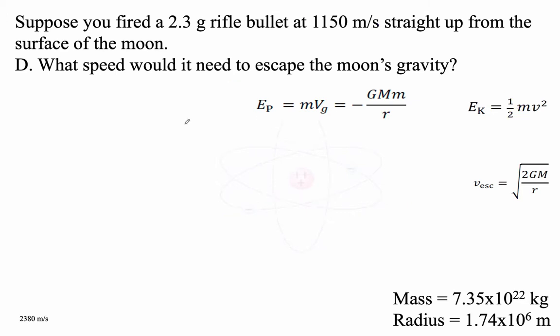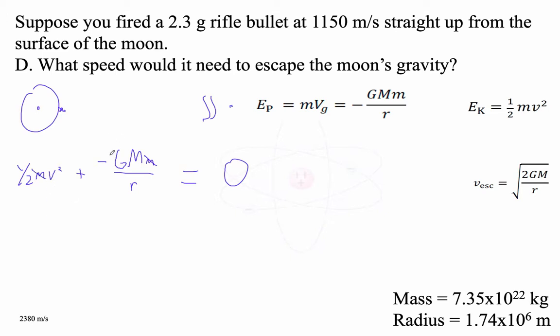All right, so let's solve this problem. The object, when you fire it, has kinetic energy and negative gravitational potential energy, and when it reaches infinity it has 0 energy. It's not moving and doesn't have any potential energy. Notice that the little mass cancels.